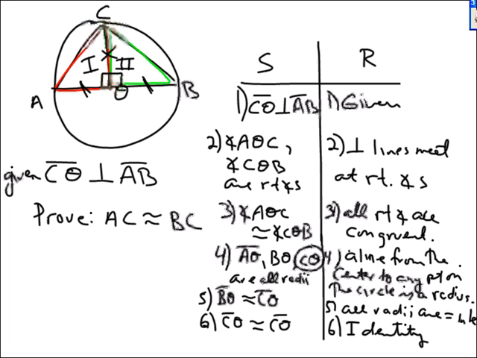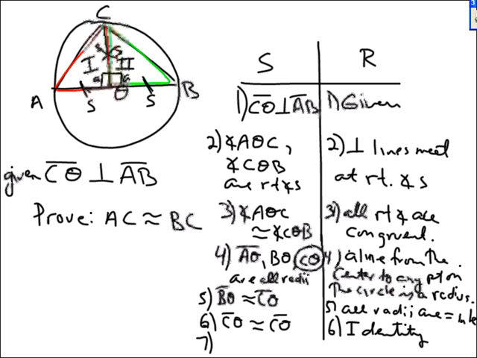But now what we have is, these two triangles are congruent by SAS. Between the two sides is the angle. Side, angle, side.